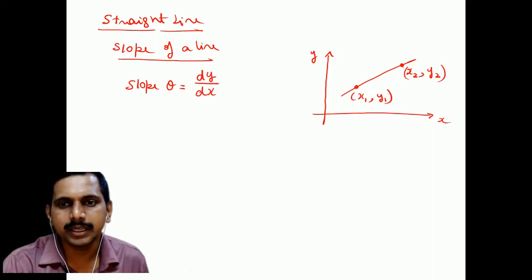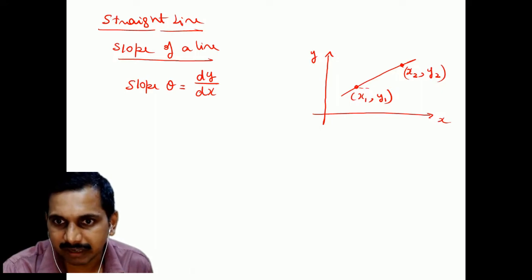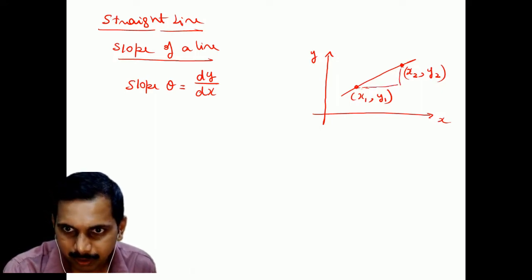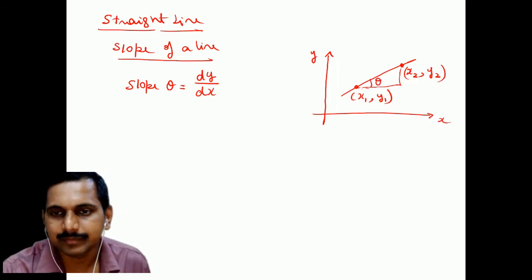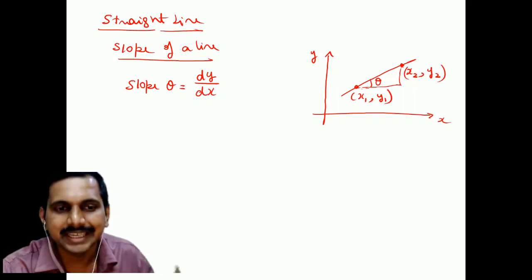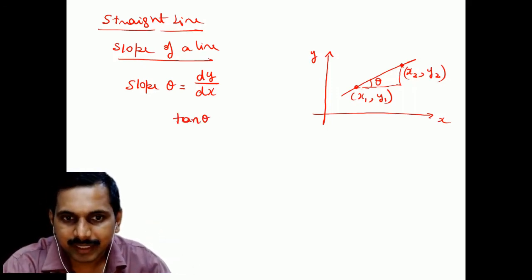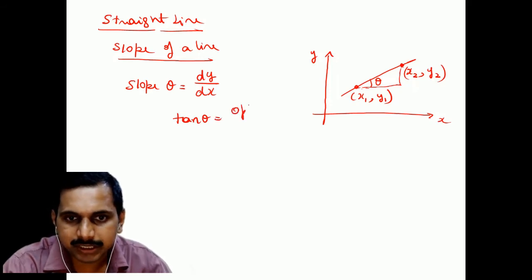What is the slope here? Theta. When you say theta, which counts as theta? Why is it dy by dx? We have to understand. Because this is theta. It is because tan theta is equal to opposite divided by adjacent.